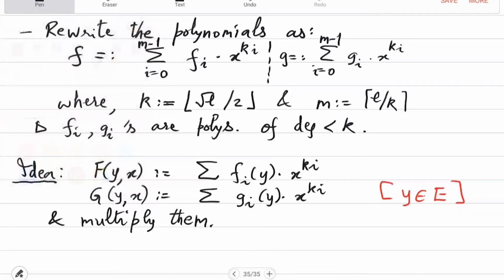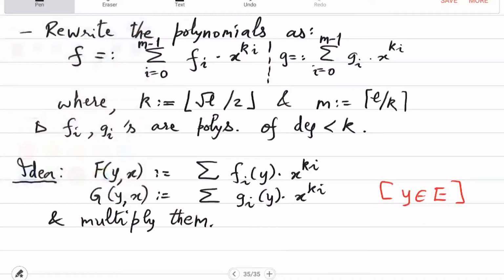So when we evaluate big F and big G at x equal to, let's say, y to the j, the hope is that multiplication can be done efficiently. It's a low degree multiplication, not of degree L. That is the vague hope, but we have to implement this carefully and check whether it actually works.